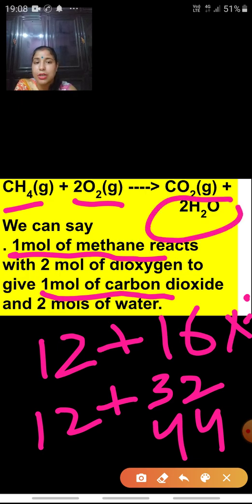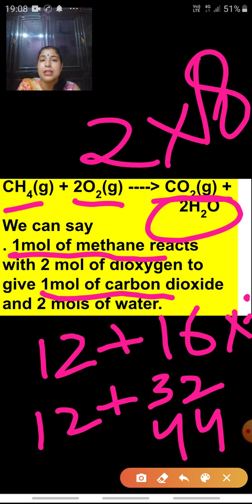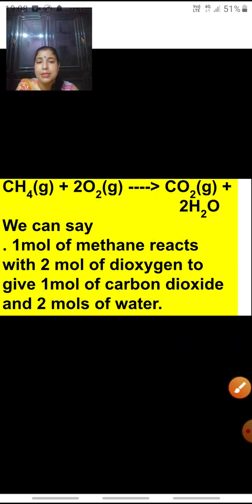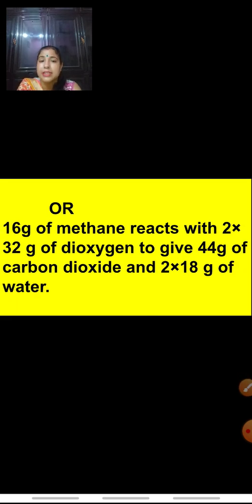And how much of water is produced? It is 2 into, what is the molecular mass for water? 18. Yes, 2 into 18 grams of water is produced. I can simply say this 16 gram of methane reacts with 2 into 32 grams of dioxygen to give 44 grams of carbon dioxide and 2 into 18 grams of water.